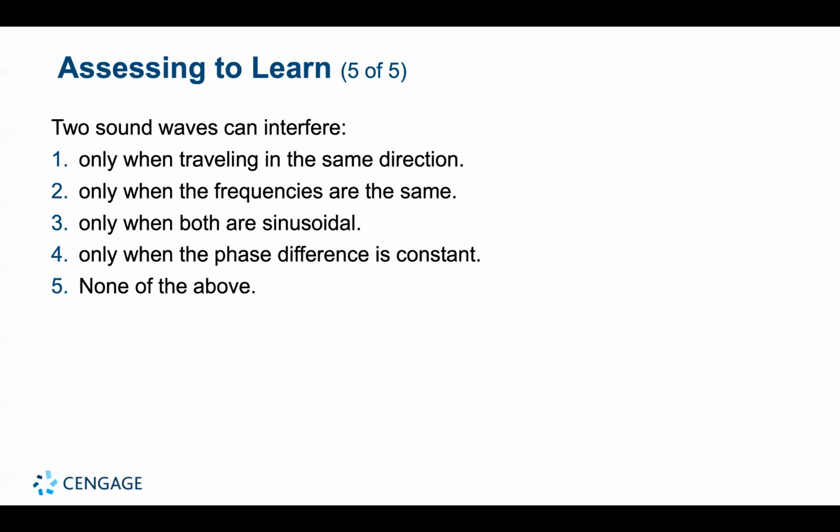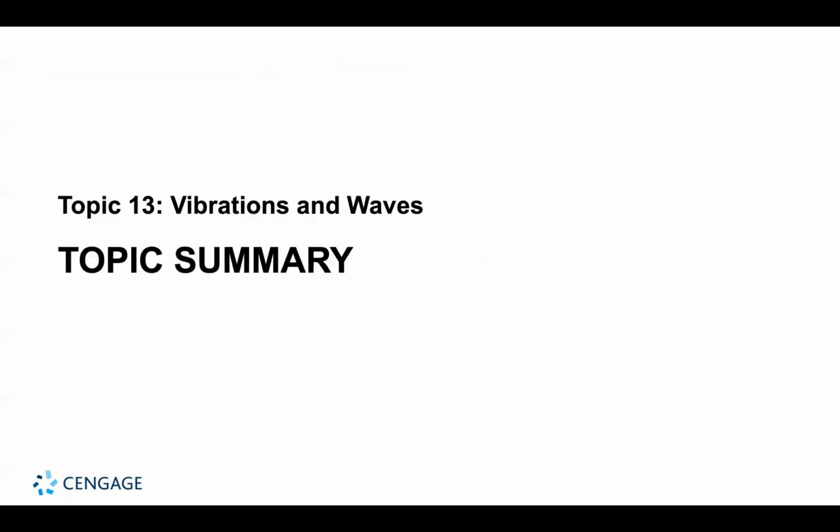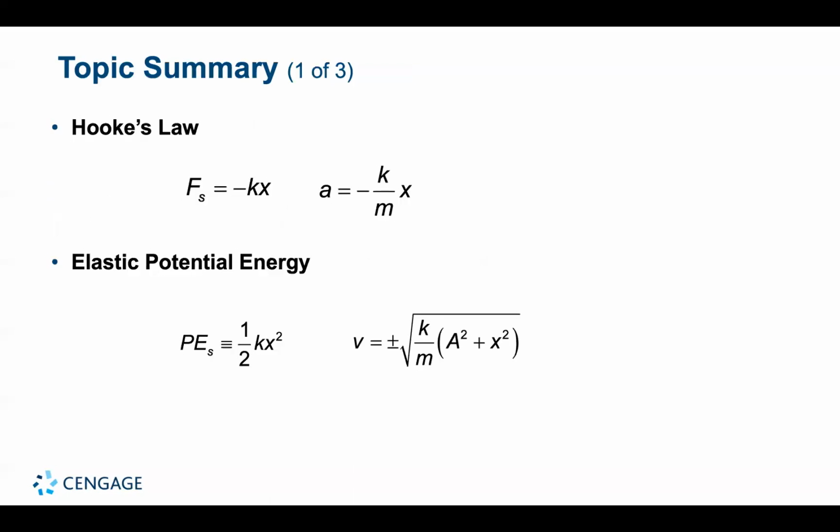Sound waves can interfere, and the answer is none of the above. I'm just going to skip over those and give you those answers. Sorry if I'm not giving an explanation, but this lecture is already getting long. I'm going to go ahead and do the summary now, and then we'll call it a lecture.